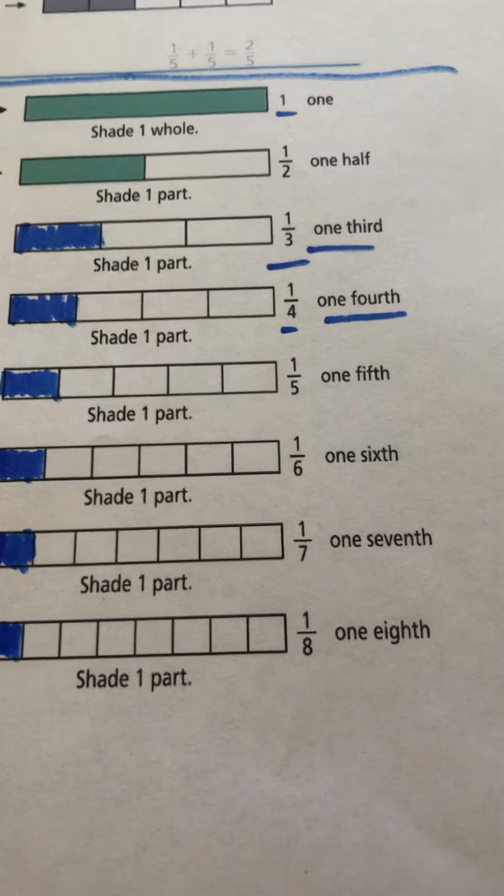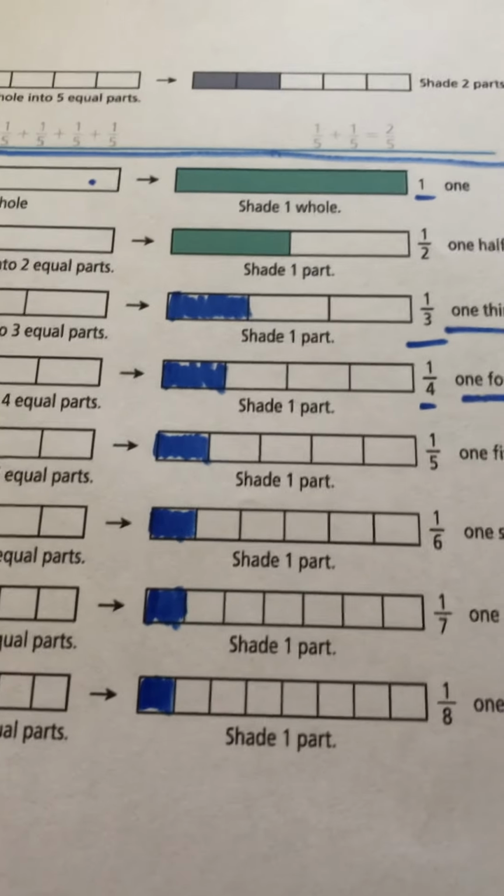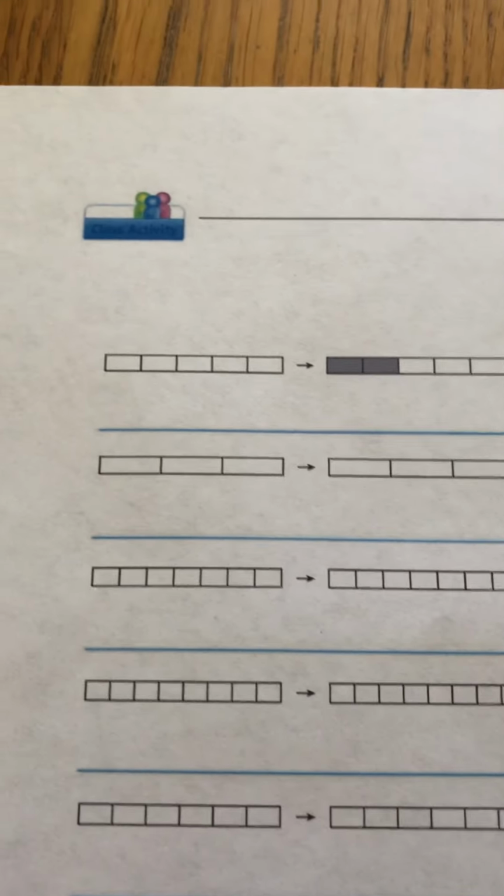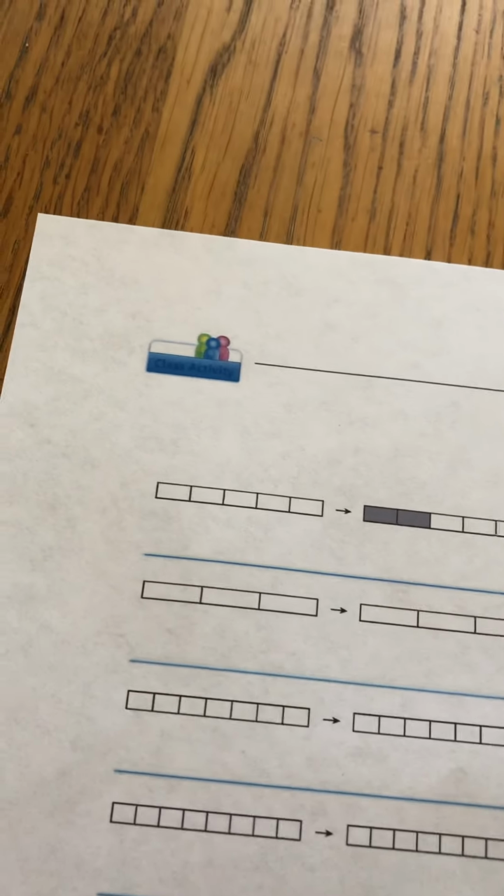Okay, so knowing that, now you're going to work on this, and unfortunately, when I printed it, it did not print the words. All I have are the fraction bars, as we'll call them.